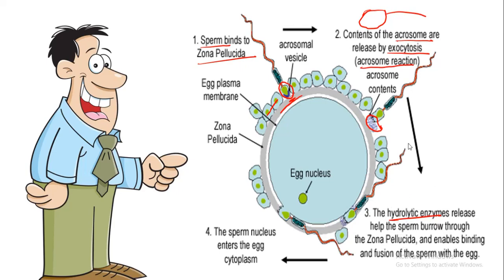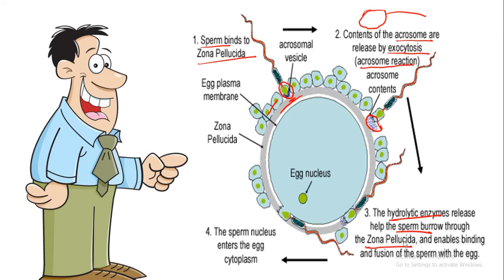After the acrosomal reaction has taken place, there will be the release of the enzymes which I mentioned earlier on, like trypsin and the zona proteins. So those enzymes will enable the sperm and the egg to do what? To fuse.